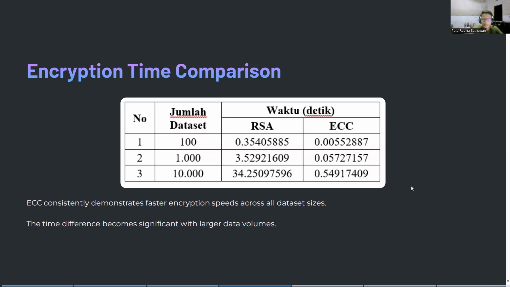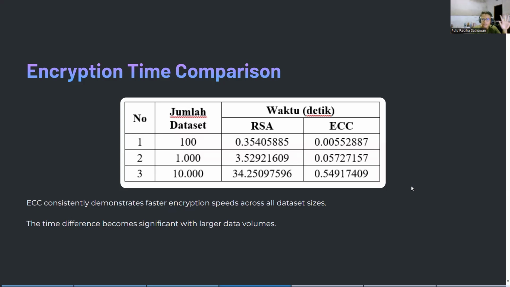For 1,000 files, the result is 3.5 seconds for RSA, and ECC is 0.05. The 10,000 one is 34.2 seconds for RSA, while ECC is 0.5 seconds. So from here, we can already see that ECC is more efficient and outperforms RSA. ECC consistently demonstrates faster encryption speed across all data sets, and the time difference becomes significant with larger data volumes. It concludes that ECC is the best compared to RSA.